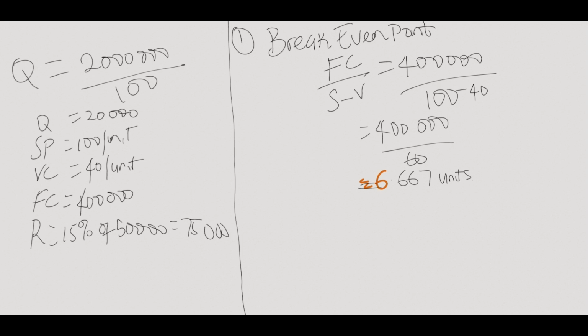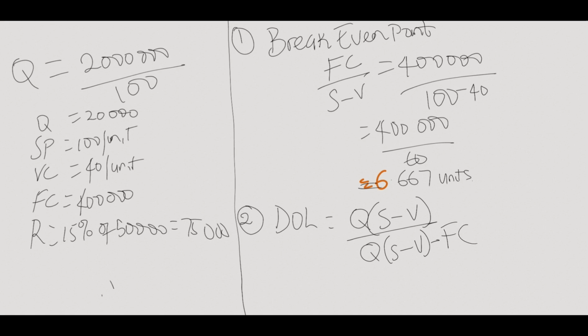That's the first question that we solved. So the second question, which is quite related to what we'll be doing, is the degree of operating leverage. The degree of operating leverage, like I said earlier, is quantity into selling price minus variable cost, over quantity into selling price minus variable cost minus fixed costs.